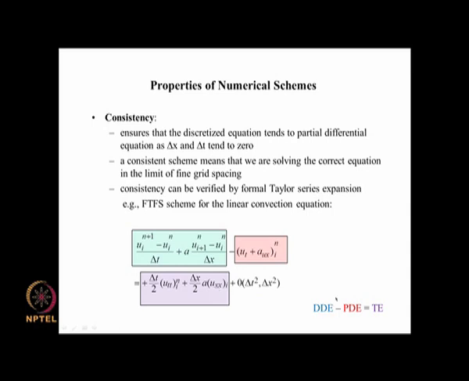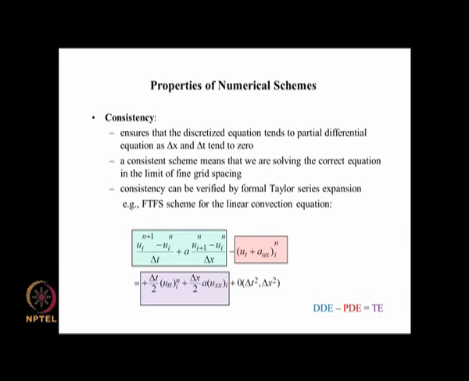So, as delta t and delta x tend to 0, in this particular case the truncation error goes to 0, and therefore the DDE approaches the PDE, the discretized difference equation approaches the partial differential equation, and therefore you would say that the FTFS scheme is consistent. In the limiting case of delta t and delta x tending to 0, the discretized equation approaches the partial differential equation, and therefore it is consistent.